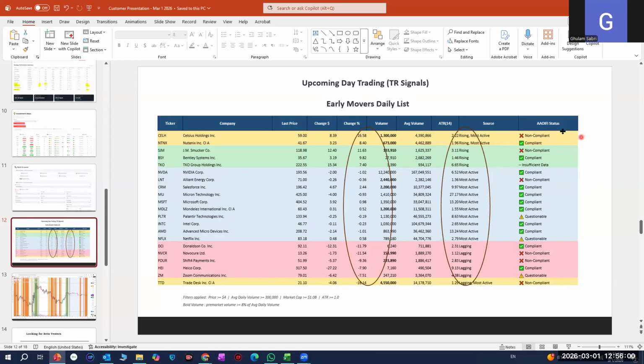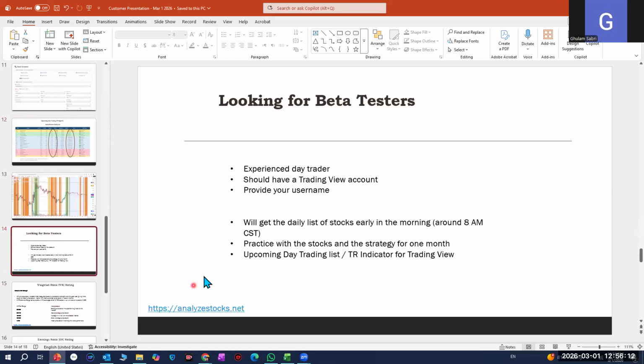I have developed this system, and right now I'm looking for some beta day traders who have the time and a subscription to a TradingView account.